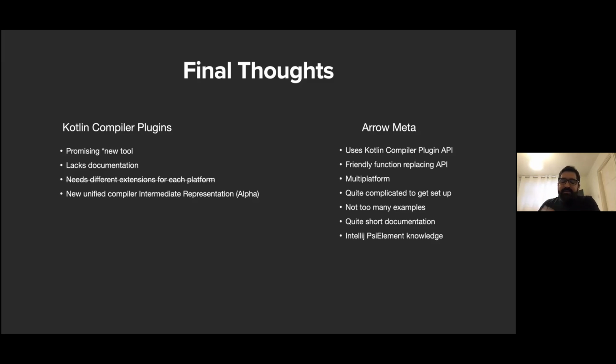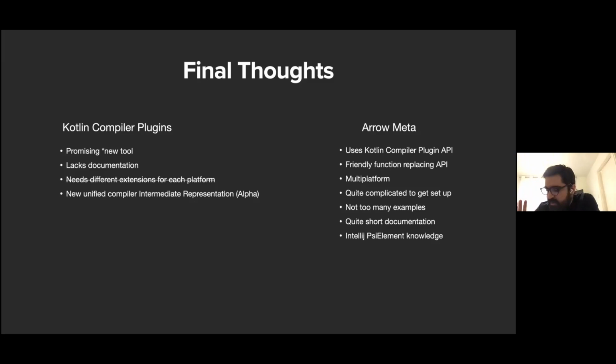For Arrow Meta, in essence, it is a Kotlin compiler plugin. It's just that you don't have to deal with all of the APIs.